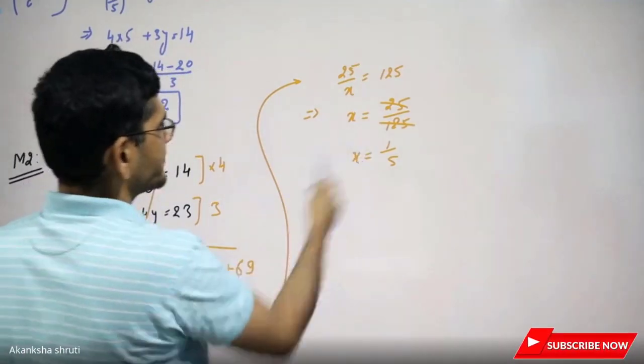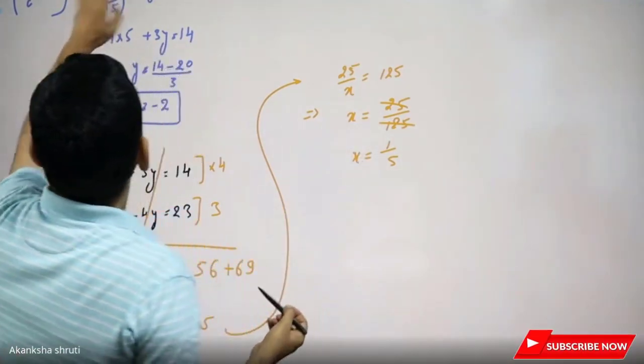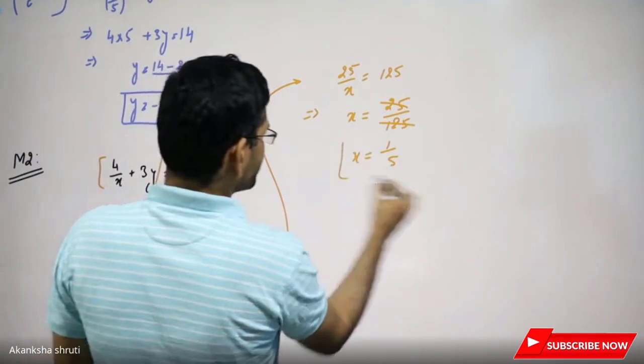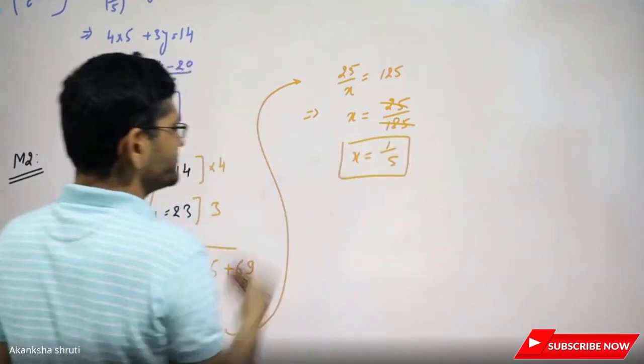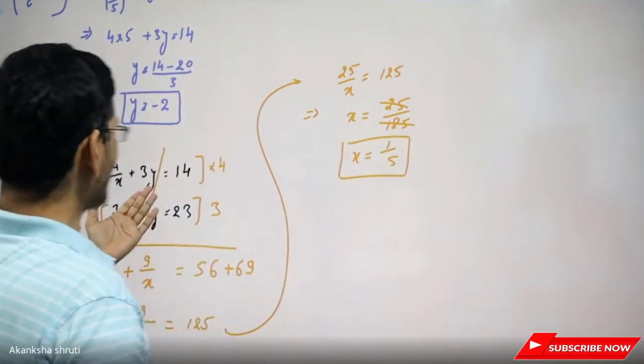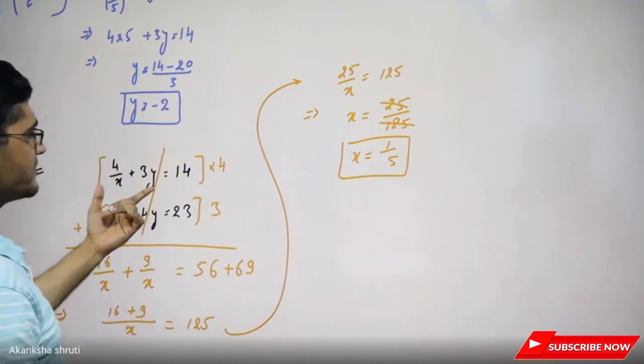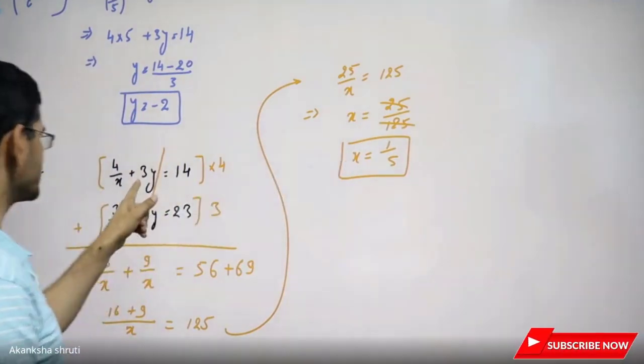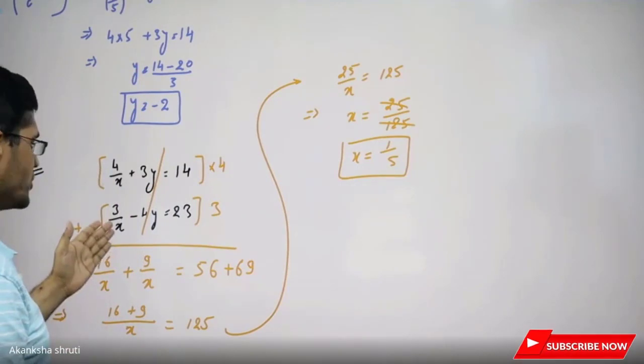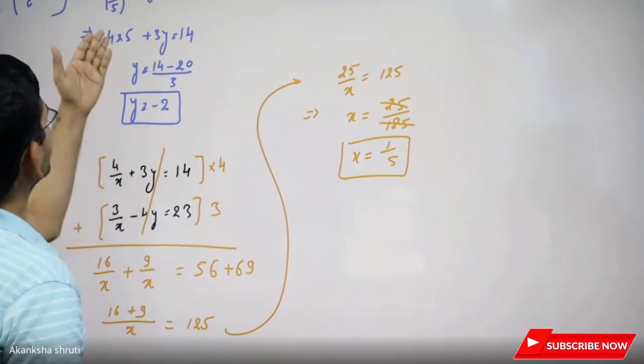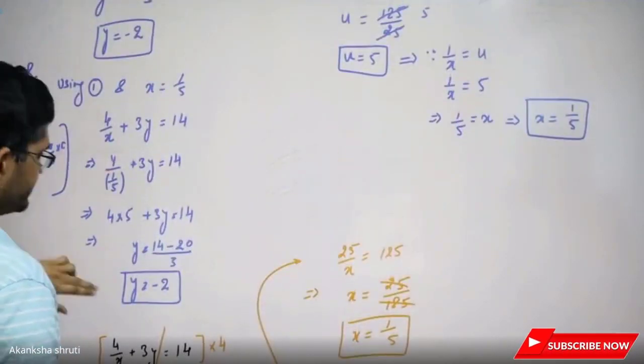So cancelling, we are getting this x. Students, the value of x is calculated as 1 by 5. Now the y is very easy. Then we need to substitute this x in either 1 or 2. We will get the y as we have done here. Okay.